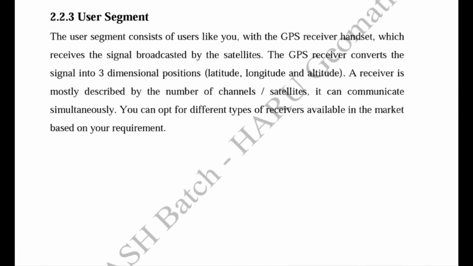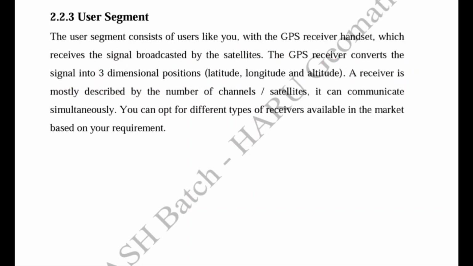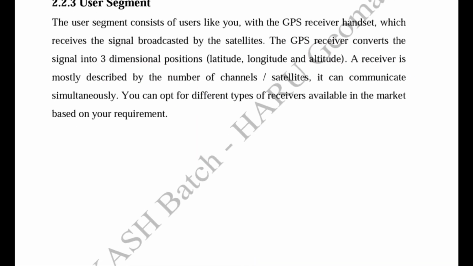The GPS receiver receives the signal which is broadcast by the satellites, and this GPS receiver converts the signal into three-dimensional position, meaning x, y, z, or we can say latitude, longitude and altitude of any point on the earth surface. A GPS receiver is mostly described by the number of channels or satellites it can communicate with simultaneously.